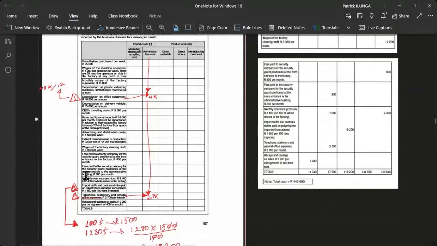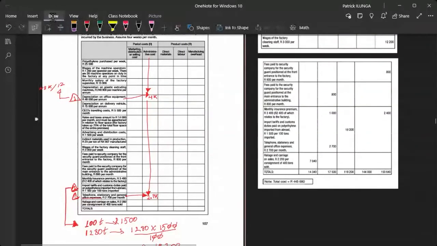Okay, guys, remember again, this one is an important one. Okay, perfect. The import tariff and customs duty, and all those kind of things. They give it to you to say that it's 1,500 rand per 100 tons. So to get the correct amount, which is this import tariff, where does it go? Where does it go? I'm going to do it with you here.